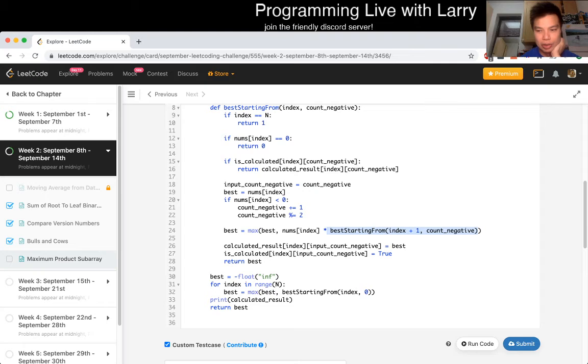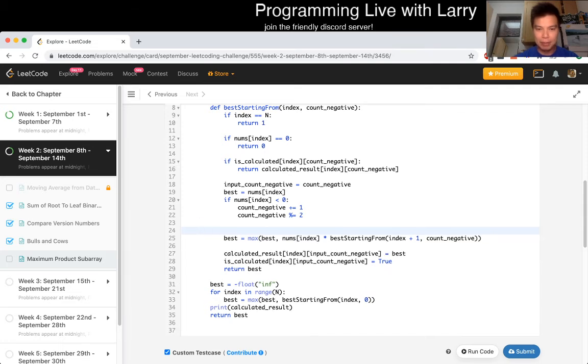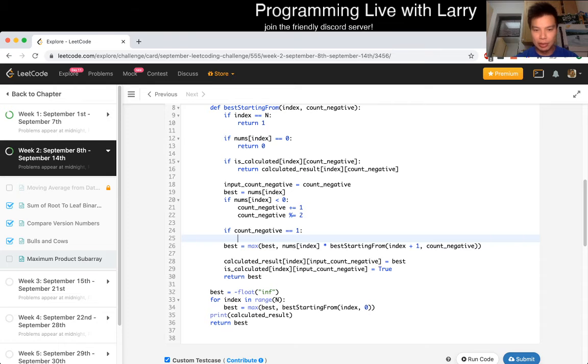What I needed to do is, so this is actually a good example of something that you have to kind of check a little bit. But what I actually want to do is have different things. So basically, if count negative is equal to 1, then we actually want the minimal answer here.